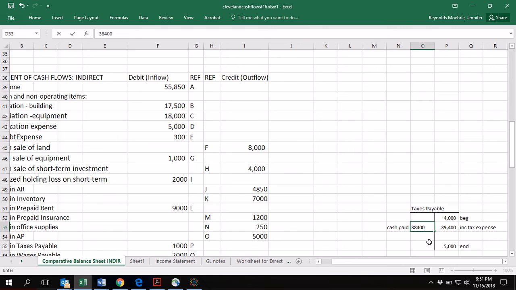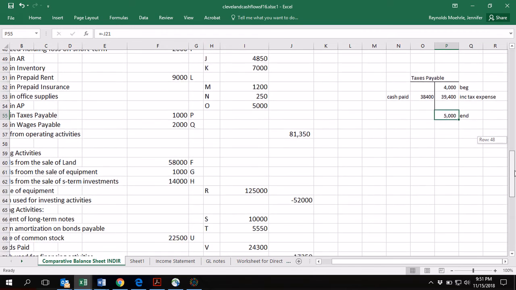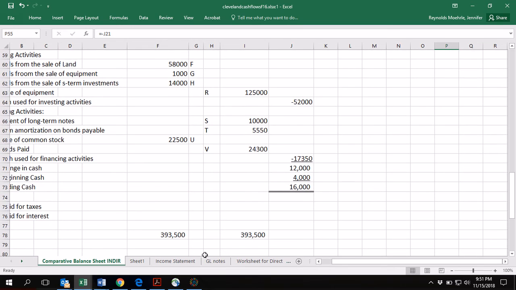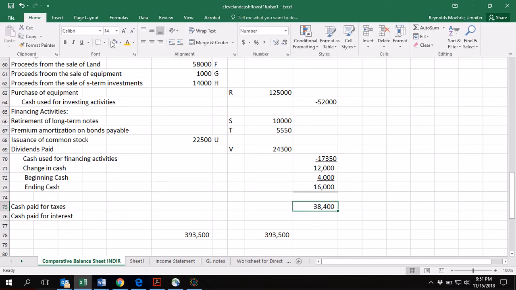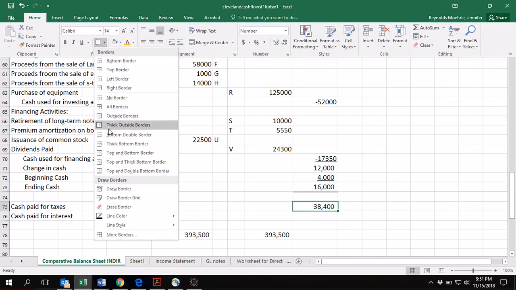I'm going to leave you to do that because you know how T account math works, right? This number plus this number minus this number gave me this number. Okay, so on my statement of cash flows, indirect method, at the bottom, I'd have this cash paid for taxes, and I would just write 38,400. And I would have to mark that as an underline.